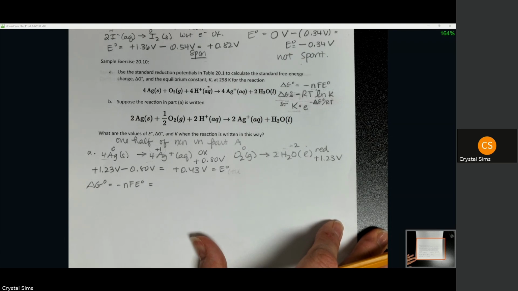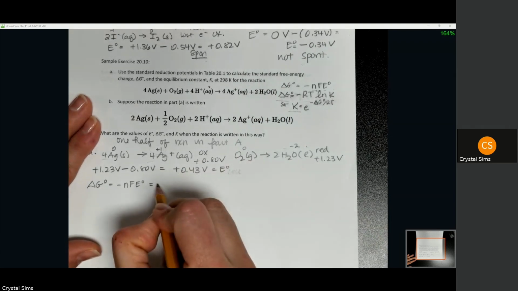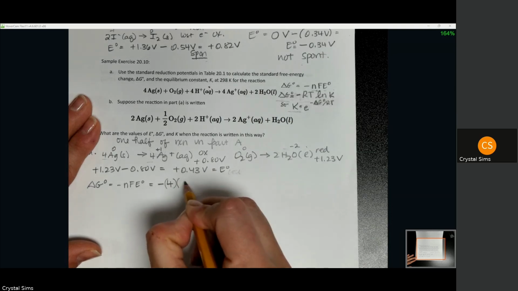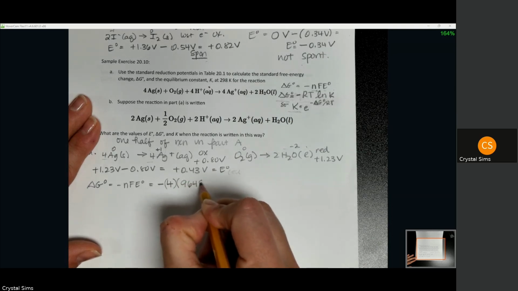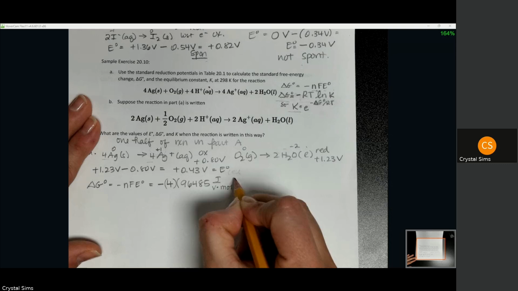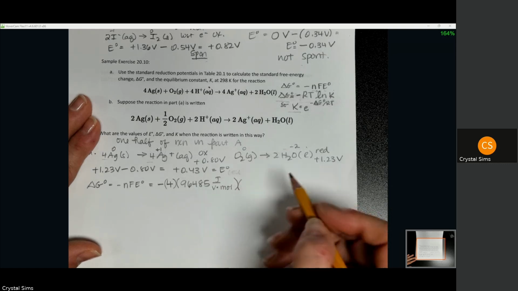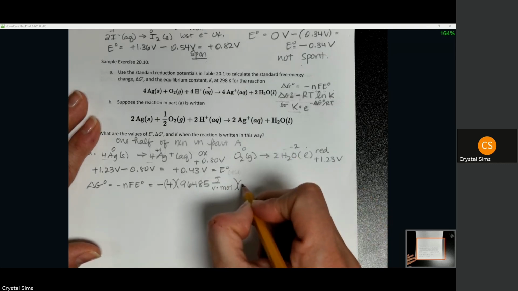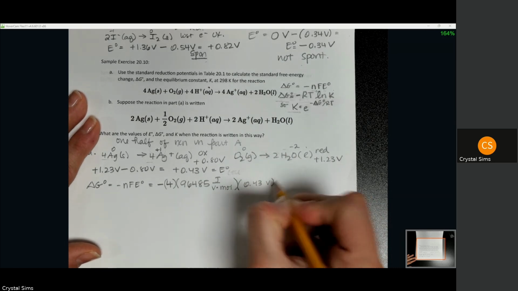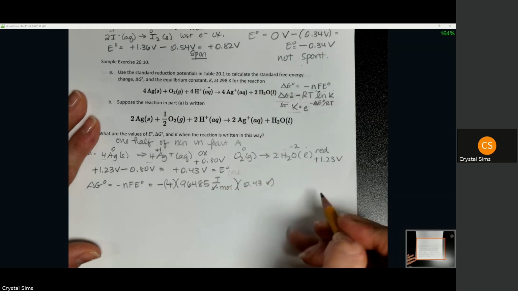Okay, so I'm going to plug in 4. Then I'm going to put in my Faraday value. And then plug in my cell potential here. Now, the volts will cancel.